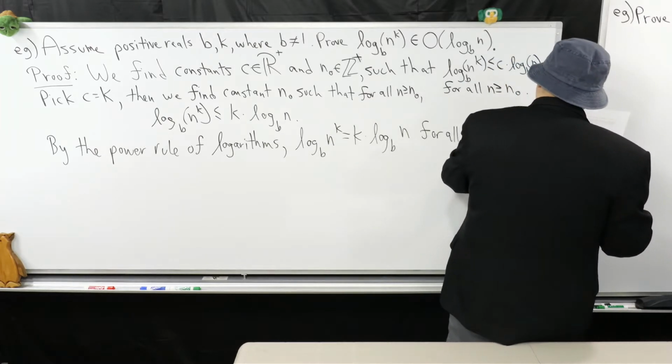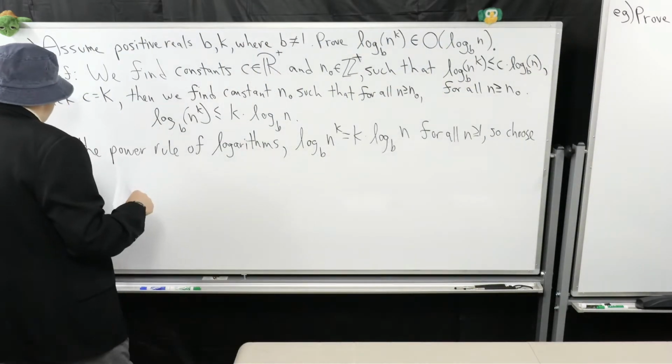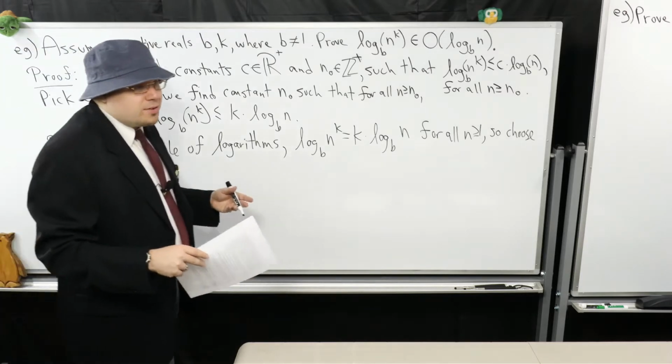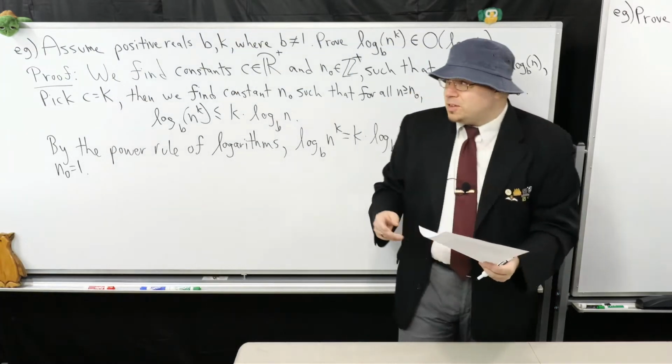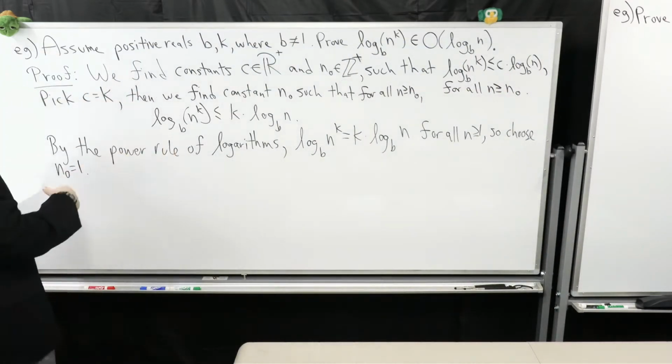So what should I choose for n0 then? n0 is equal to 1. I can pick 2, pick 3. It doesn't matter as long as I pick the smallest possible one. The smallest possible one I could use is 1, at least to satisfy this equality.